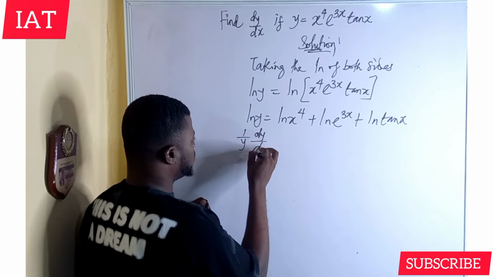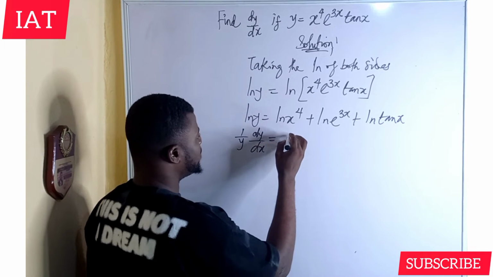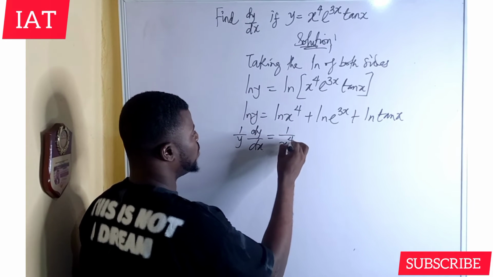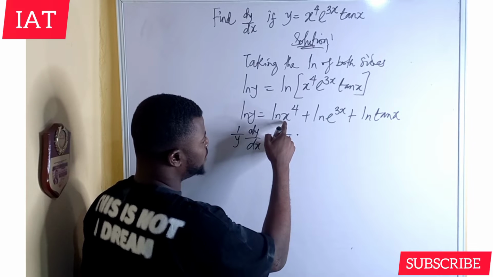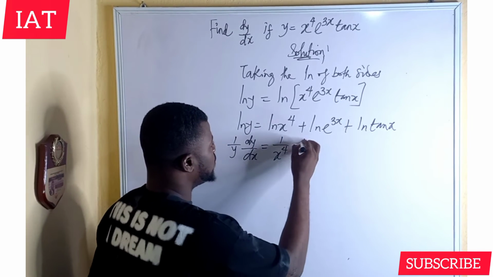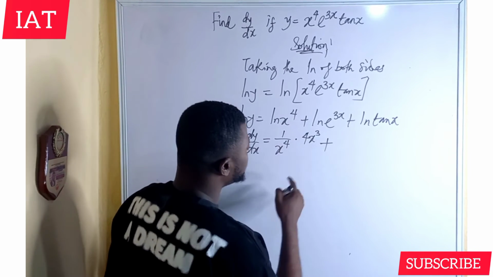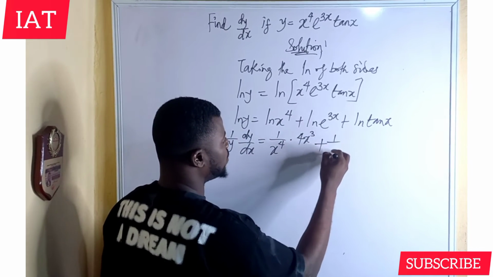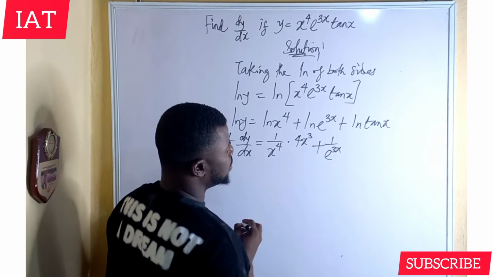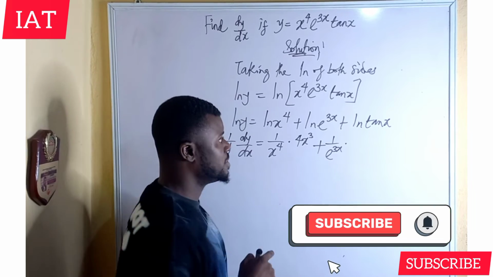So if I take the inverse of this, 1 over y, I will have the derivative of y with respect to x equal to, here I will still have 1 over x to the power of 4 times the derivative of this. If you differentiate x to the power of 4, what you have is 4x to the power of 3, right? Plus, here I will also take the inverse of exponential 3x, and I will also differentiate exponential 3x.